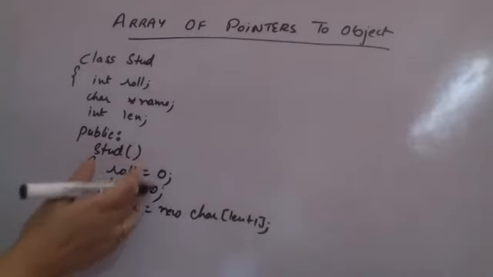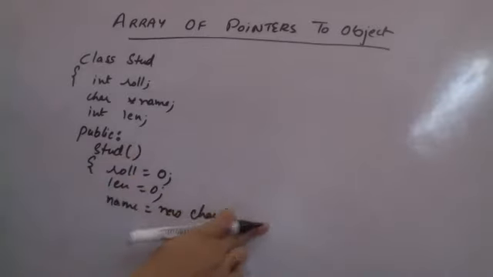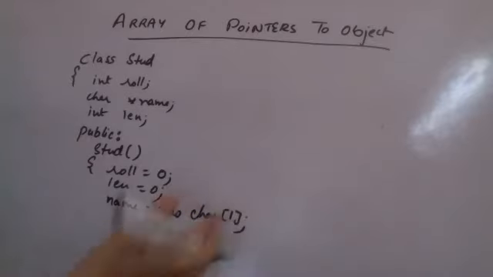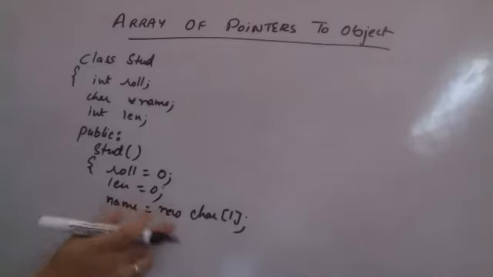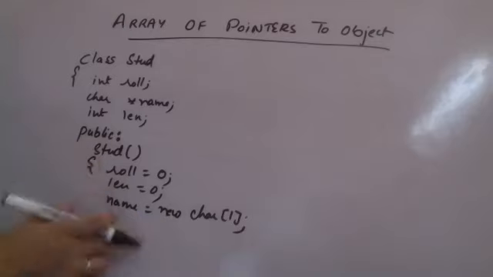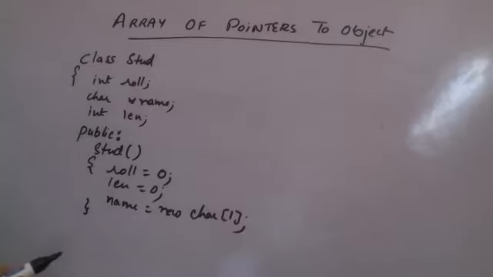Technically length is 0, so I can simply say character of size 1. Here it does mean only one thing, that name is having only a single character space, it is not storing any name. Now this new is going to allocate the memory at runtime, but this does not make it a dynamic object. This is only one constructor that I am creating.